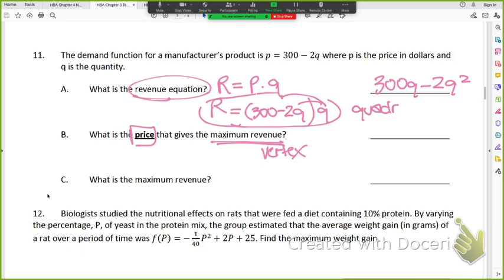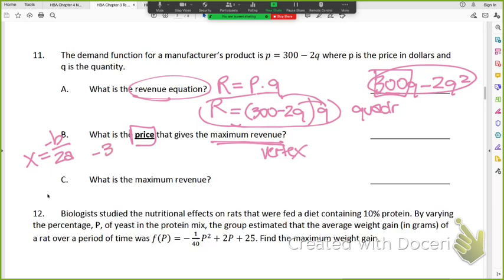So all you had to do was go into your calculator and graph this and find the vertex. I didn't really want to use my calculator because those are kind of big numbers, so I used the quadratic formula, negative b over 2a. Remember where b is the number in front of the plain x?